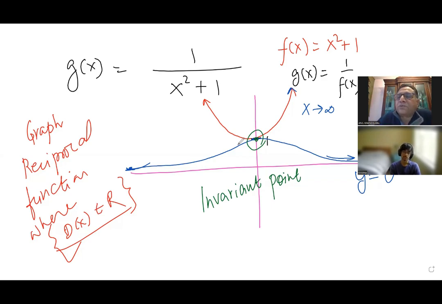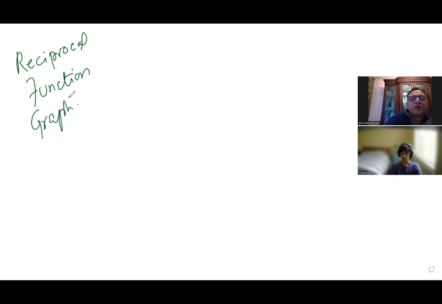So since we are at the reciprocal function, let me also take with you some examples where we'll understand the basic procedure of graphing a reciprocal function. What I will do here is graph a function first.